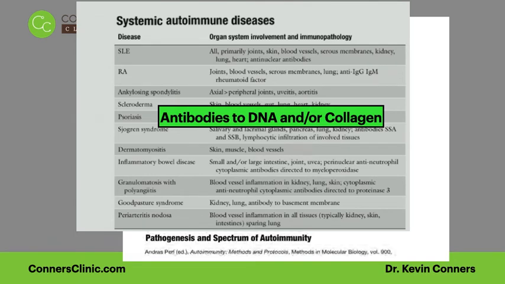And the problem is, how many organs have collagen? How many organs have DNA? All of them. So all of your tissue has DNA, because every cell has DNA. So then you can get multiple autoimmune diseases, multiple diagnoses, because you're developing antibodies to DNA or collagen. It becomes a much more serious disease.